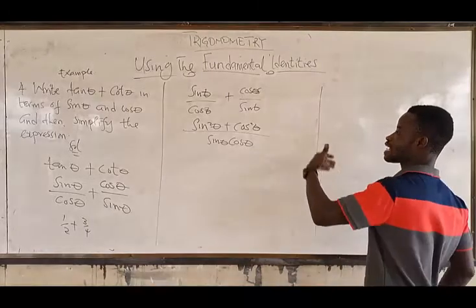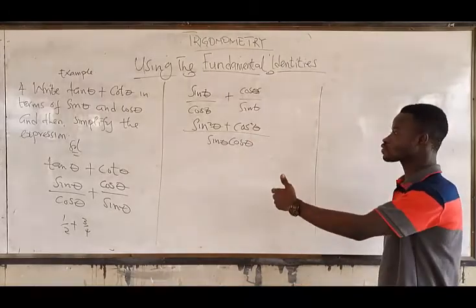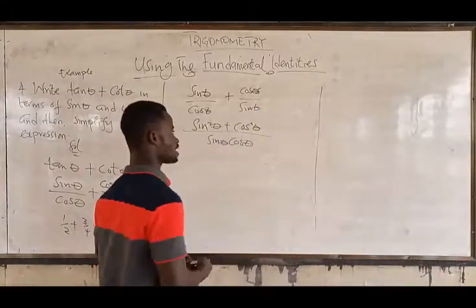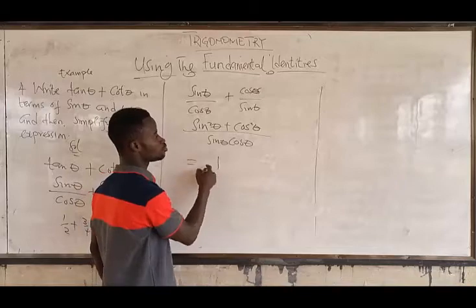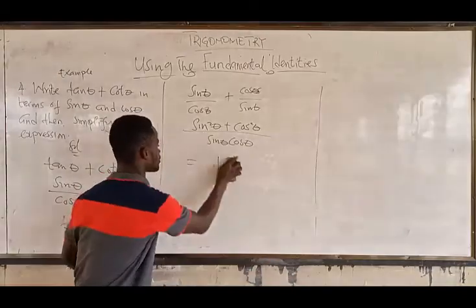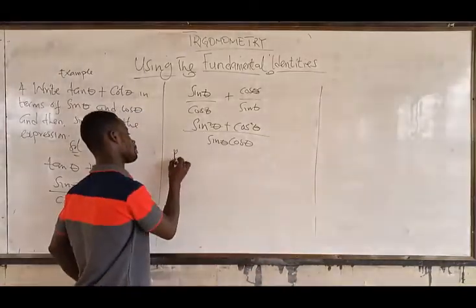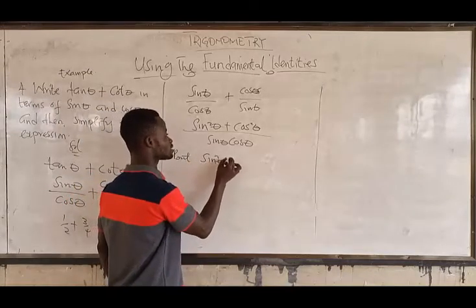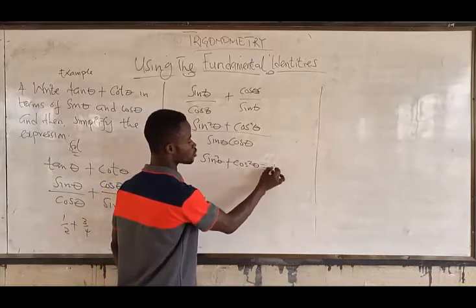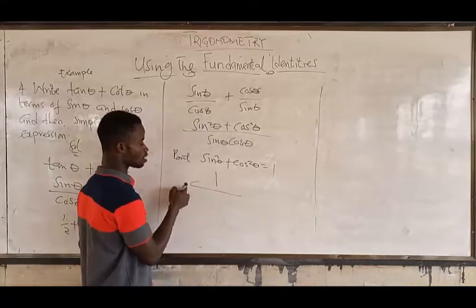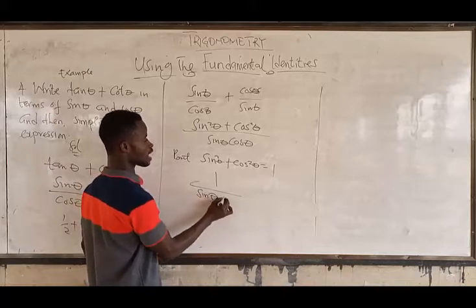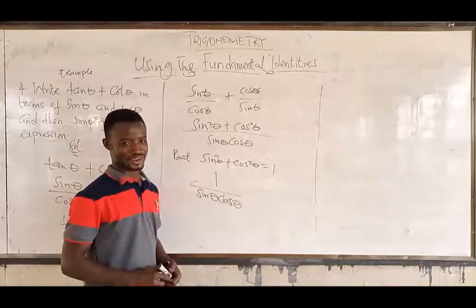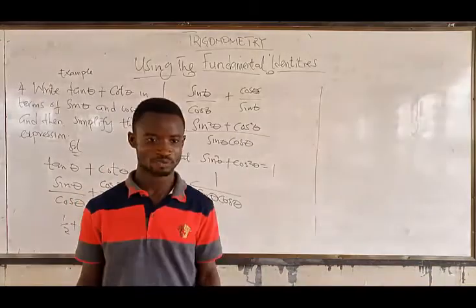So the moment you see the left-hand side, which is sin square plus cos square, you have to recognize the right-hand side, and that will be 1. But from the Pythagorean identity, sin square theta plus cos square theta is equal to 1. So we get 1 over sin theta cos theta. Very good.